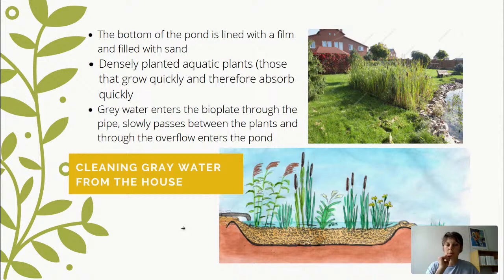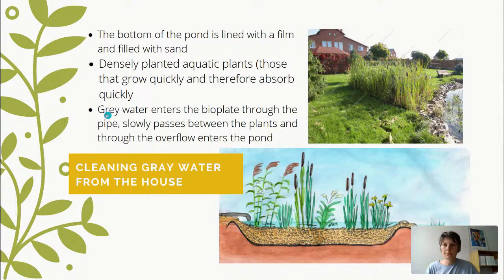First, the bottom of the pond is lined with a film and filled with sand. And there are lots of water plants there, which can help to absorb all the elements from the water, to clean the water actually.